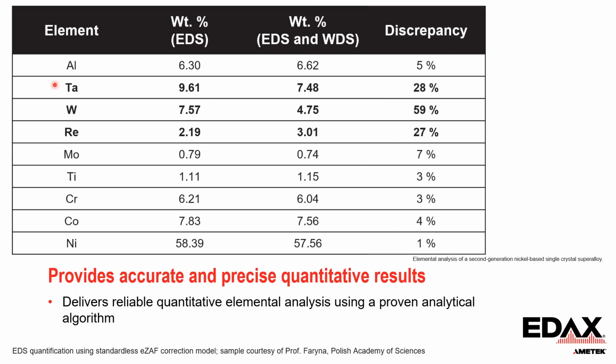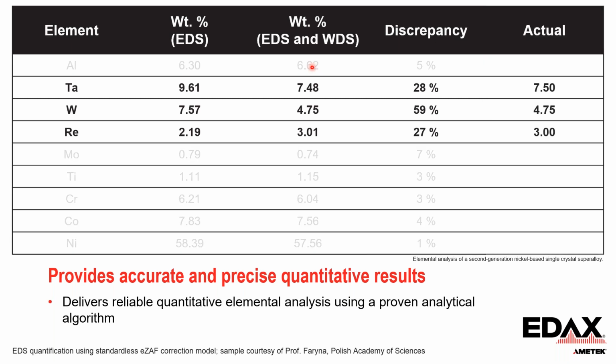If we look at platinum, tungsten, and rhenium, we see the discrepancy between those two groups of numbers is big. The WDS results are pretty close to the certified numbers. That's because platinum, tungsten, and rhenium are heavily overlapped in the EDS spectrum.